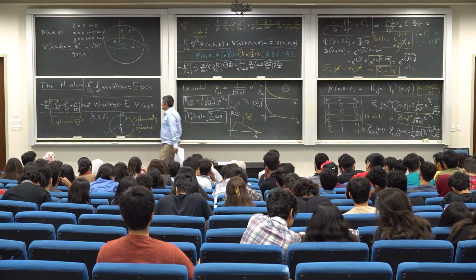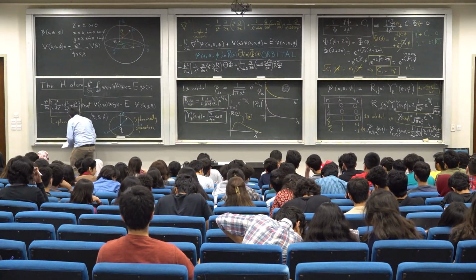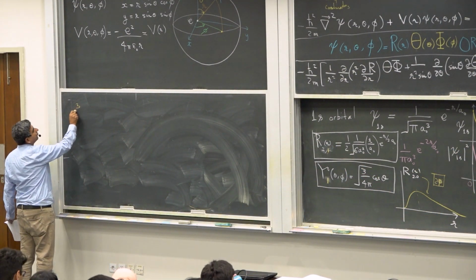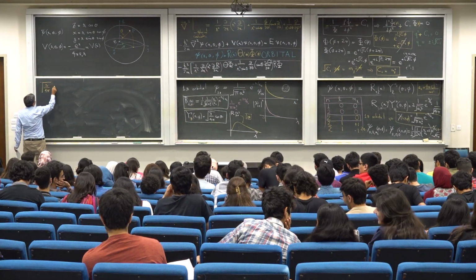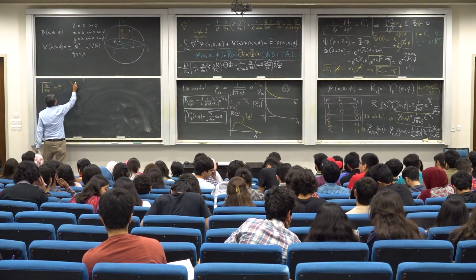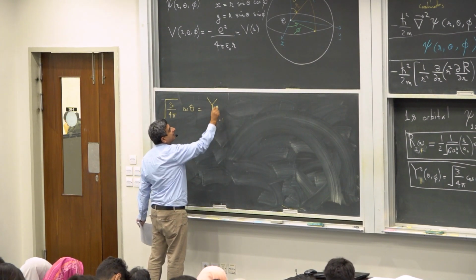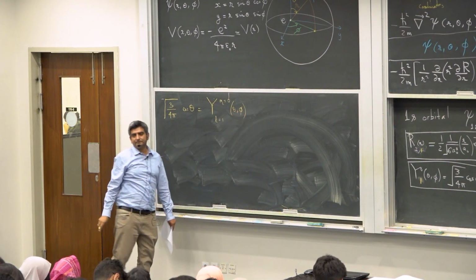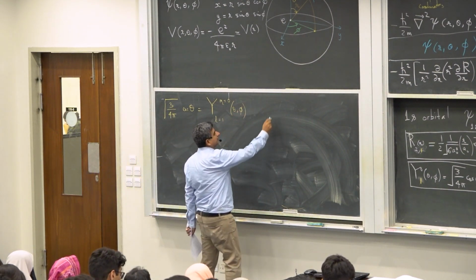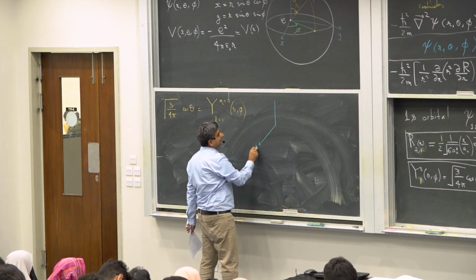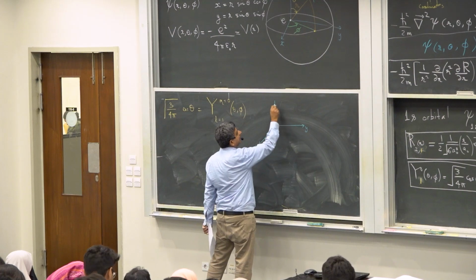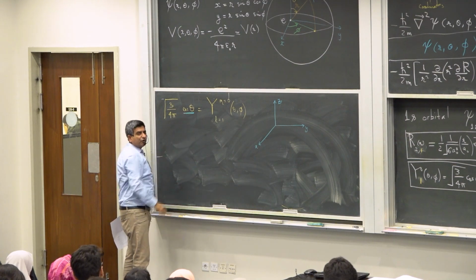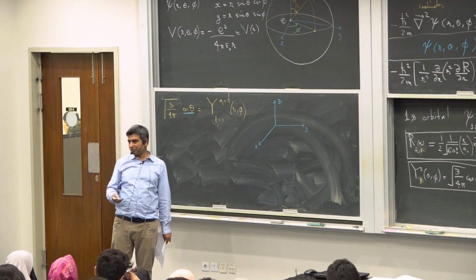So how can I plot this thing? Any ideas? I want to plot root of 3 over 4 pi cosine theta. Let me be clear, L equals 1, ML equals 0, theta phi. Let me draw 3 axes, x, y and z. I want to plot a wave function that is proportional to cosine theta.